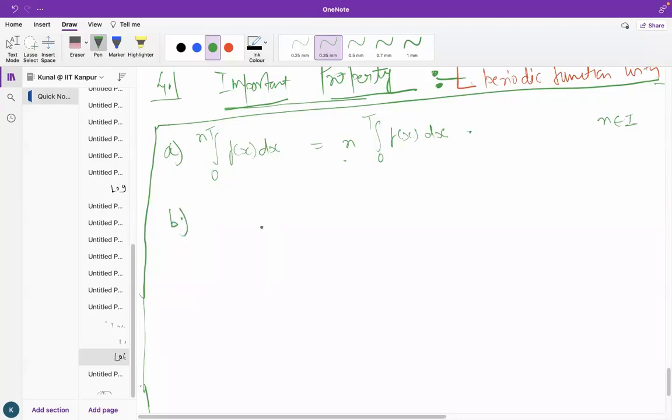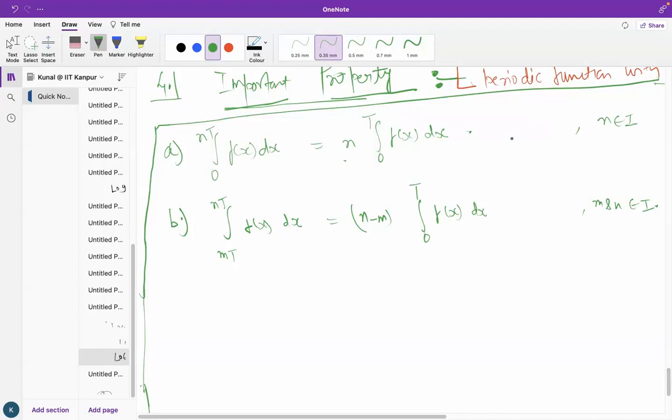Let me write the second property, which looks like we are integrating from mt to nt. Here again, t is the period of the function, f(x) dx. It is equal to n minus m times the integral from 0 to t of f(x) dx. And again, here m and n belong to integers.